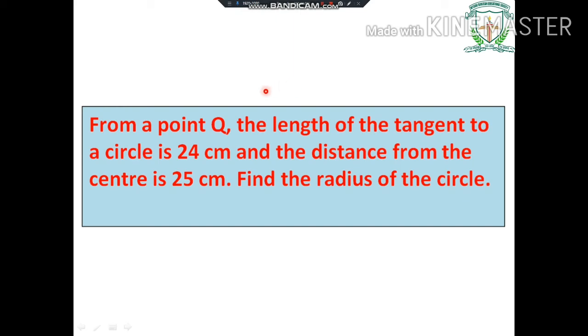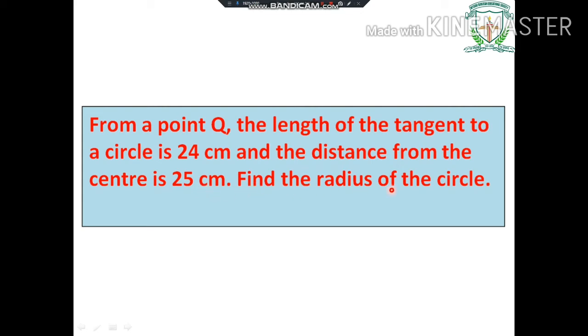Dear students, now we shall solve a problem. The problem is here. From a point Q, the length of the tangent to a circle is 24 centimeter and the distance from the center is 25 centimeter.